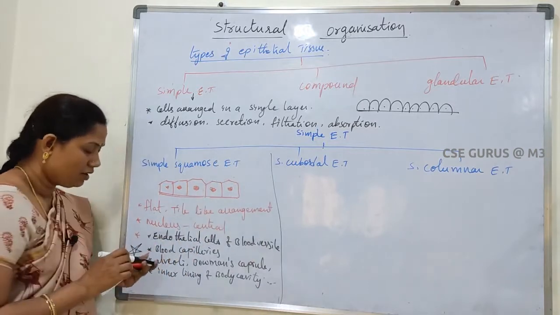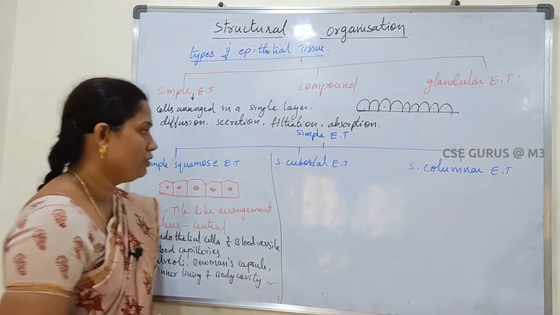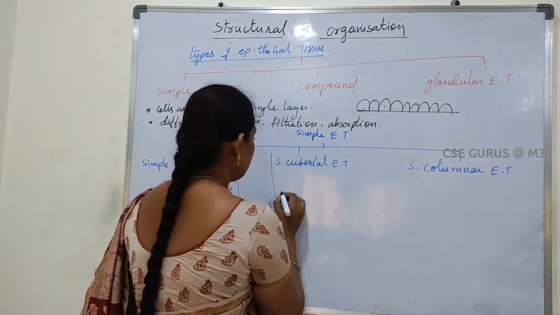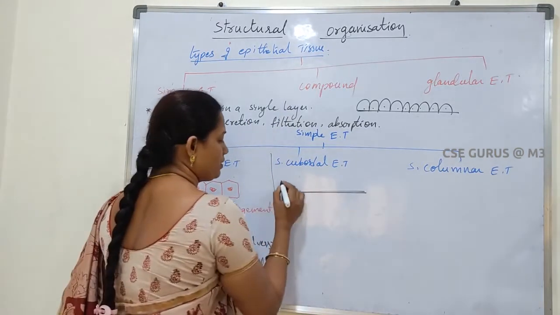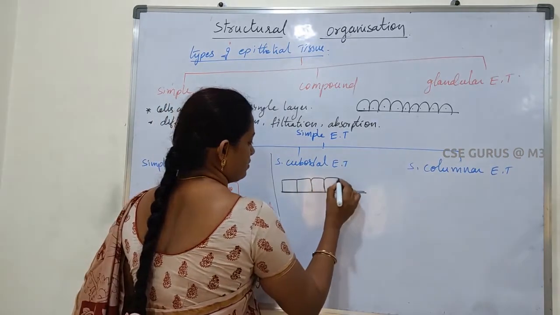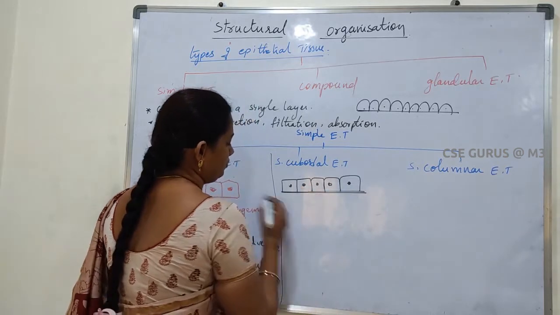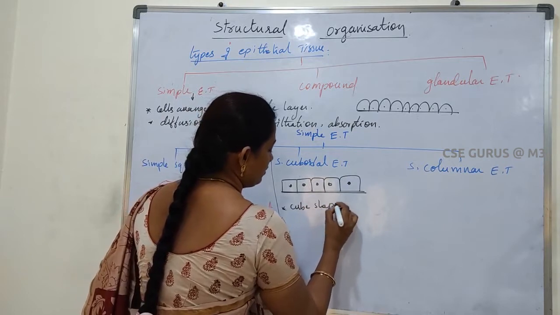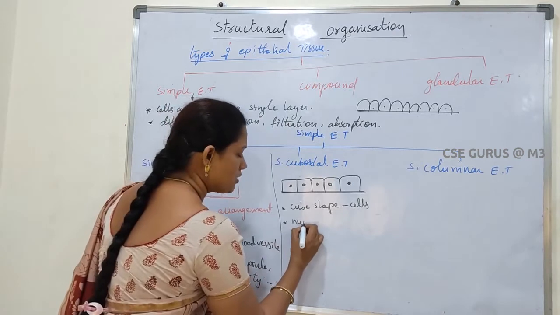Next we will go to cuboidal epithelial tissue. Here the cells are always present on the basement membrane. The cells are cube shaped, like this, square shape. Here also the nucleus is central.